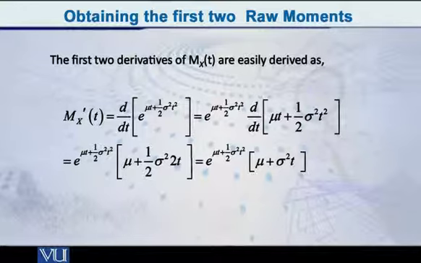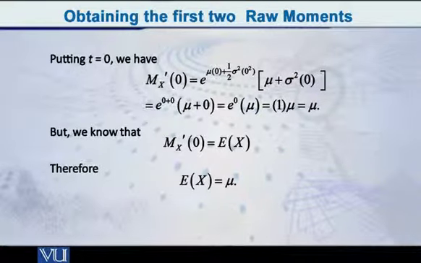So that is mu plus half sigma square into 2t, because the derivative of t square is obviously 2t. And then of course the 2 cancels out with the 2 in the denominator, and we get inside that bracket mu plus sigma square t.